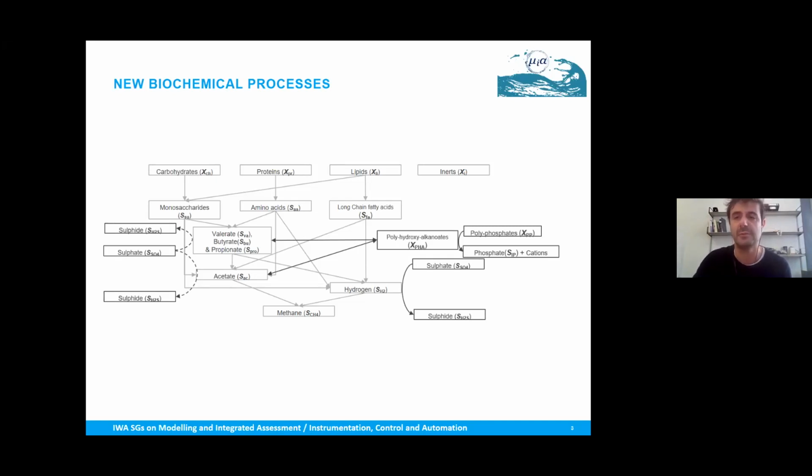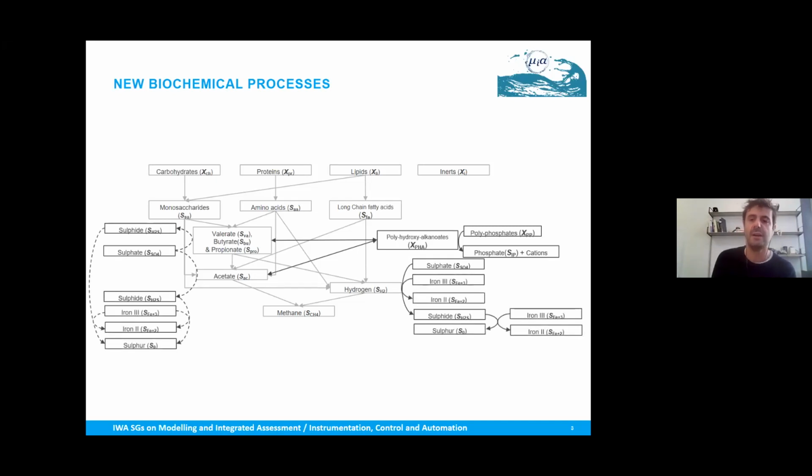If it's hydrogen, we have autotrophic bacteria, and if it's VFAs, we have heterotrophic bacteria. And then we have also iron reduction reactions, using different types of electron donors.